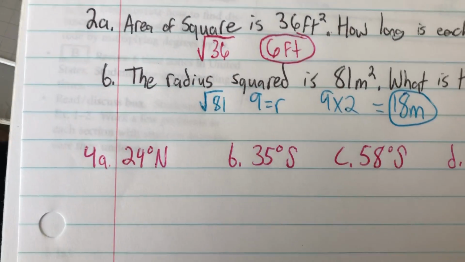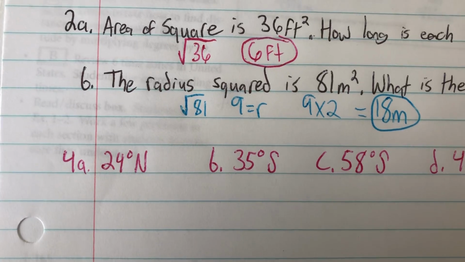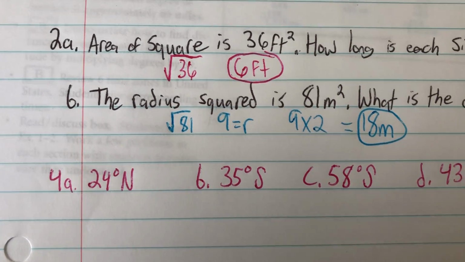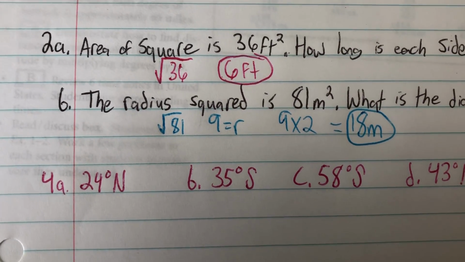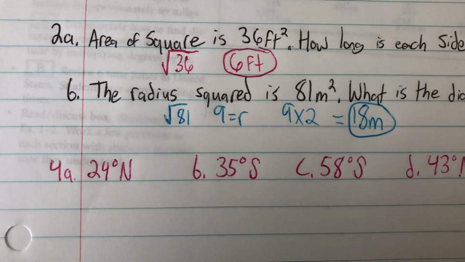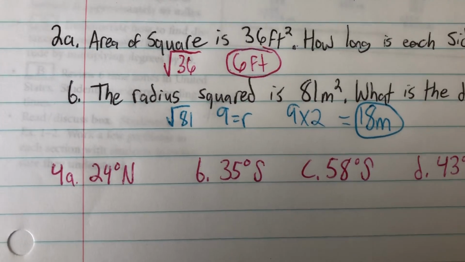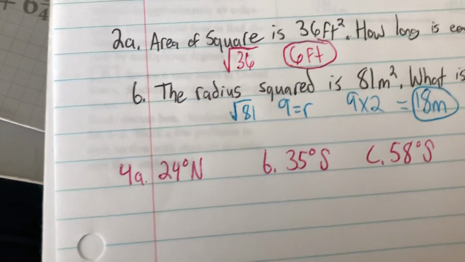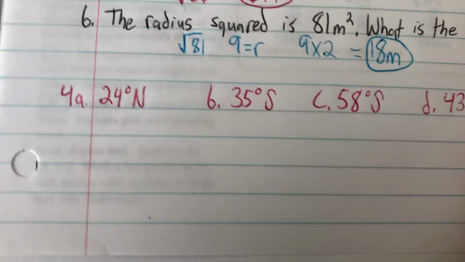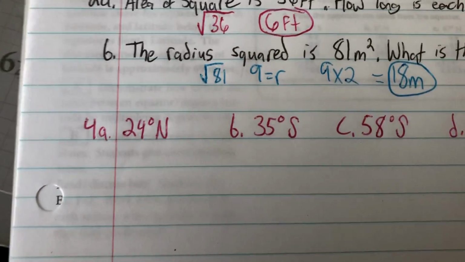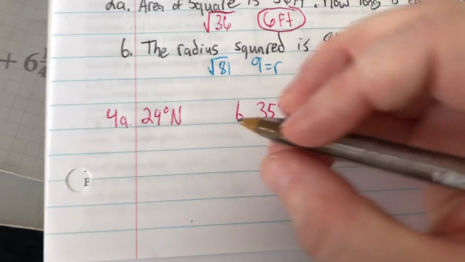Okay, on 4, we have some degrees latitude, and it wants to know how far those are away from the equator. As a reminder, yesterday we talked about how to figure out how far it is away from the equator: you just multiply that number by 69.